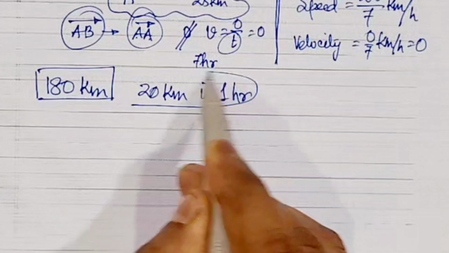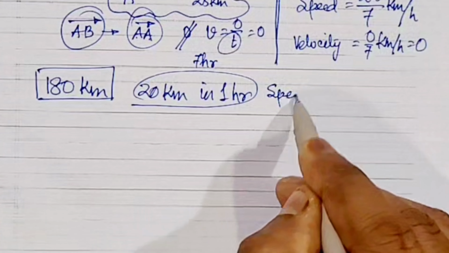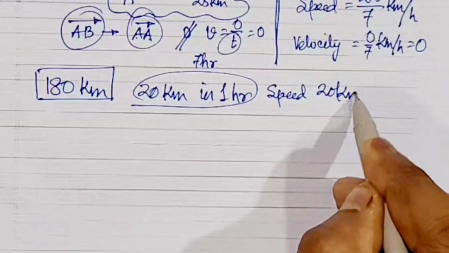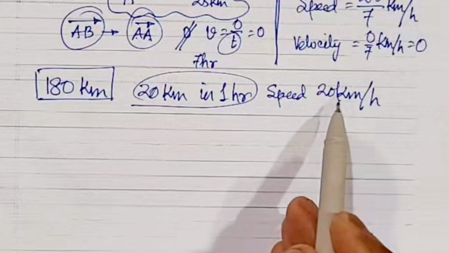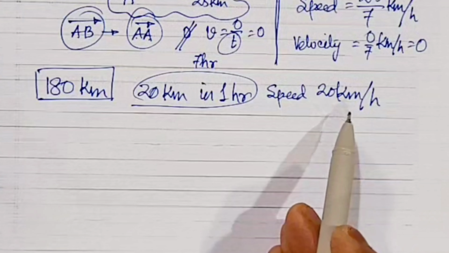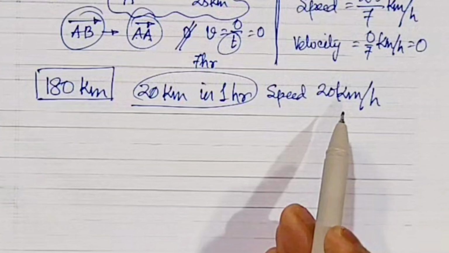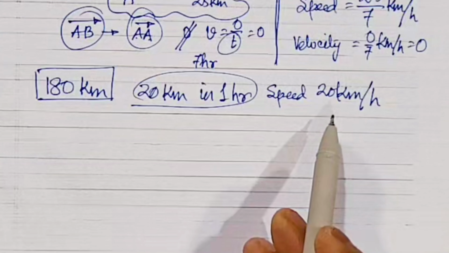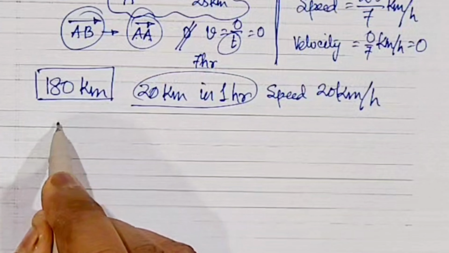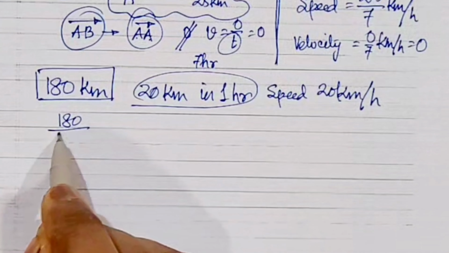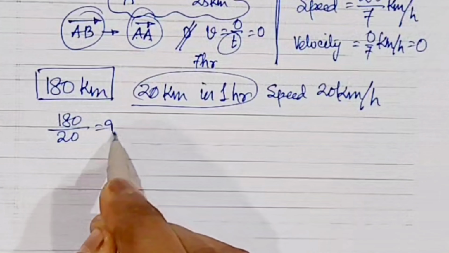So another way of saying this is my speed is 20 kilometers per hour. We need to predict how much time it is going to take for us to cover the entire journey. If 20 kilometers per hour is our current speed, and given current known circumstances, we plan to maintain a steady speed around 20 kilometers per hour, then our overall journey will be 9 hours.